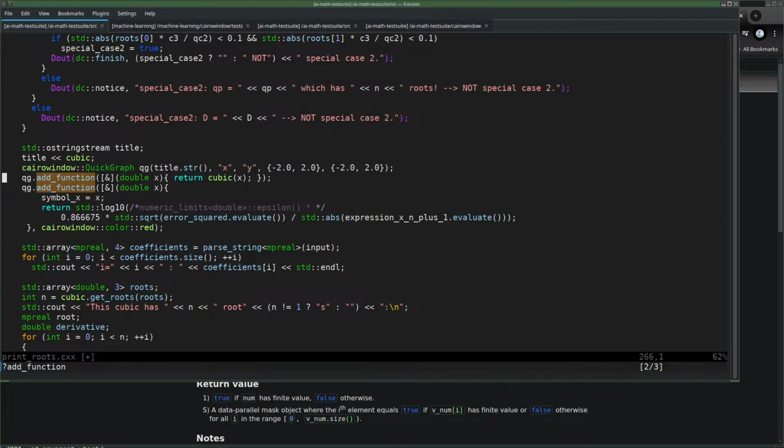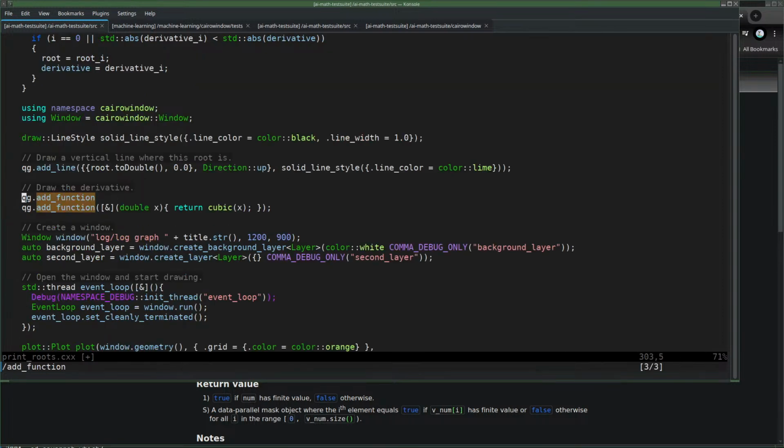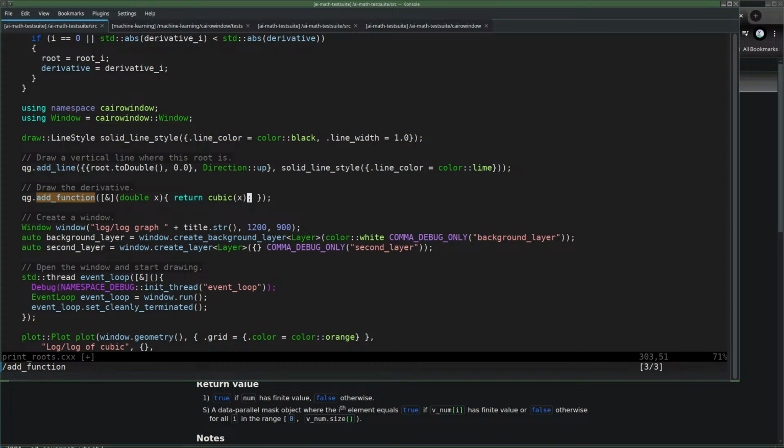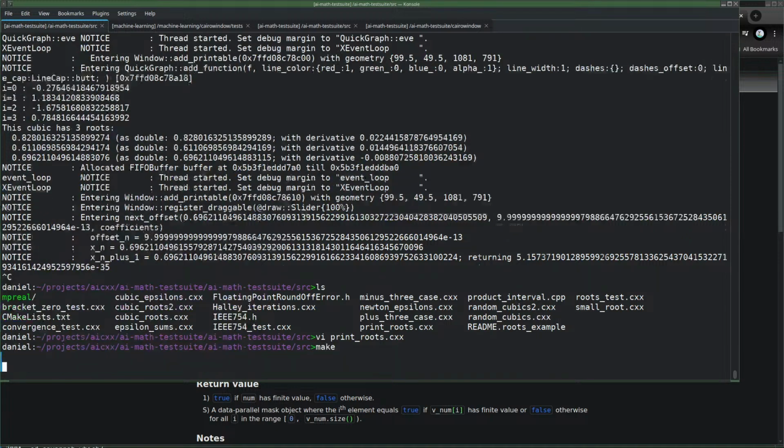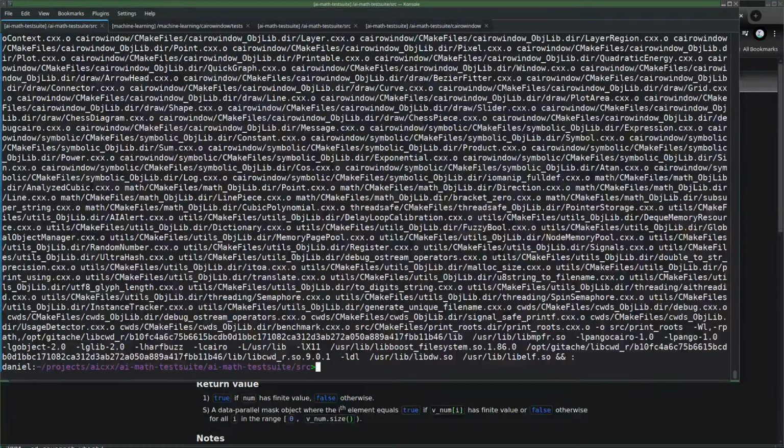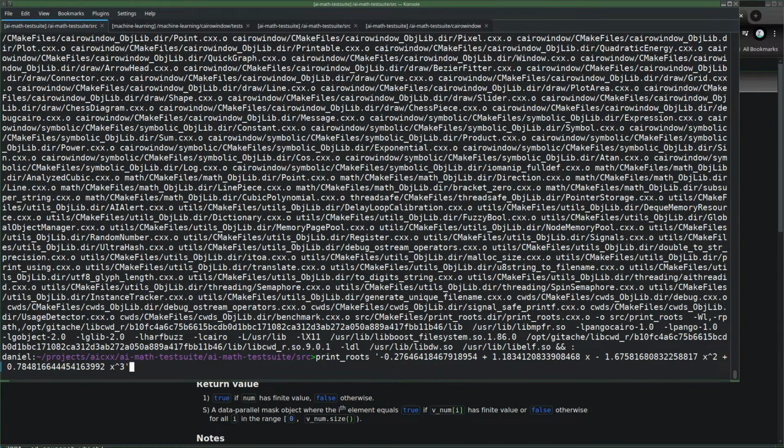Okay, so just cubic there, and now we want to get the derivative of the cubic. Derivative. Should have given it a different color though.